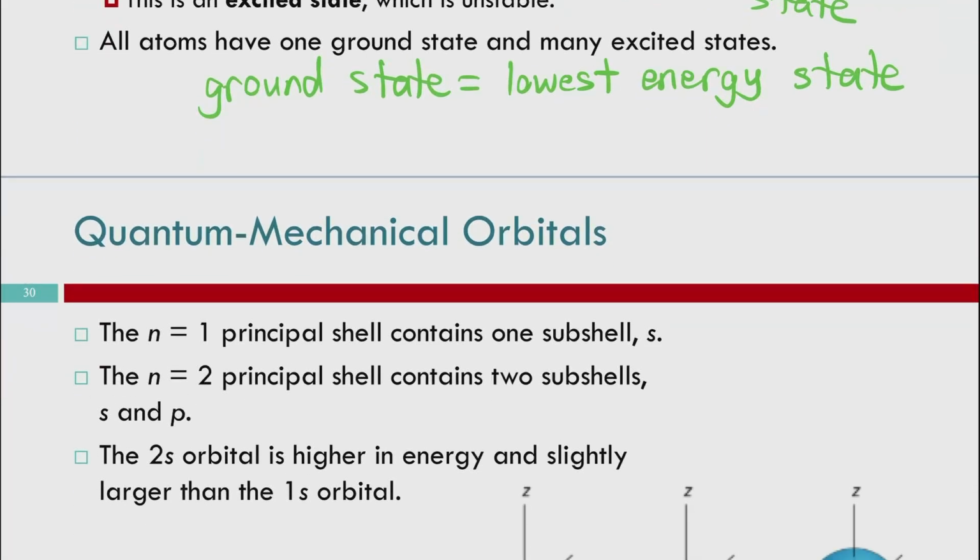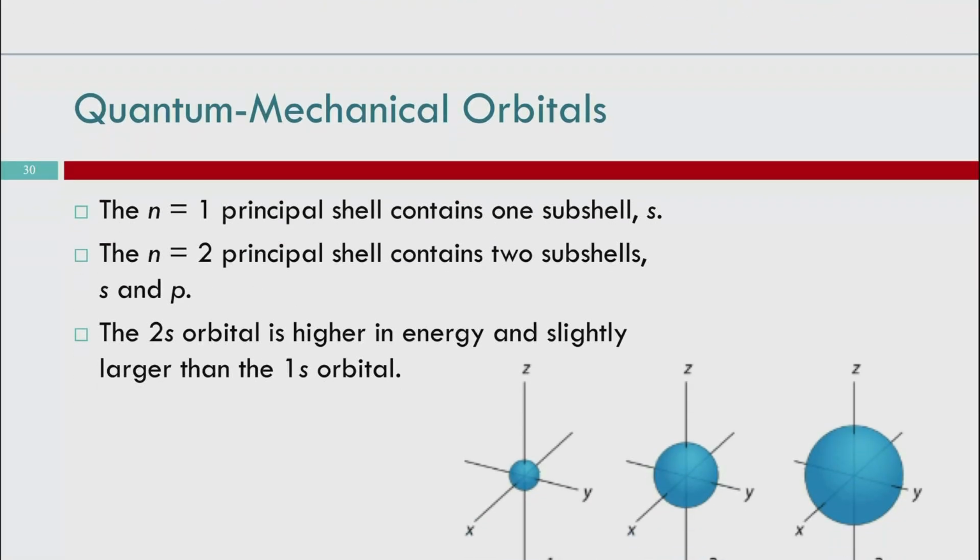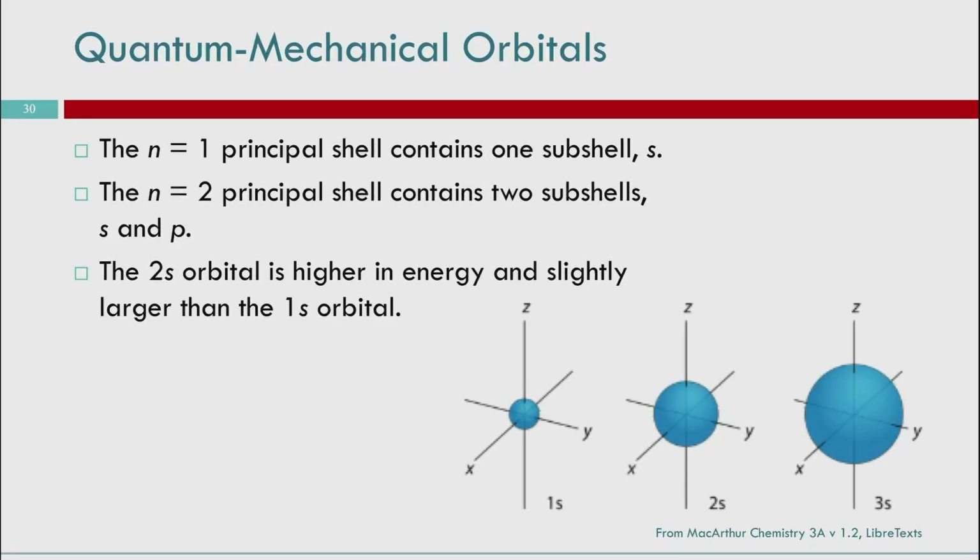Atoms have orbitals. Our orbitals show up within a principal shell, a shell of different orbitals in a principal quantum number. So for principal quantum number n equals 1, we just have one subshell, one shape.